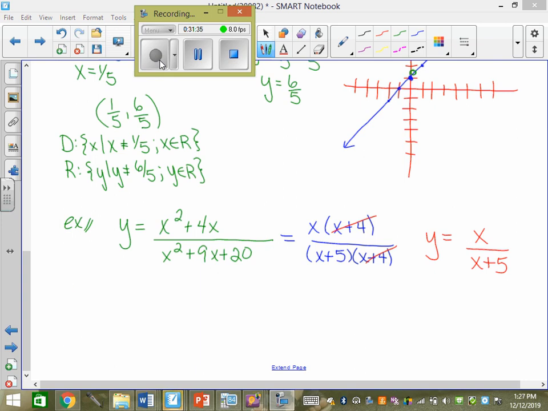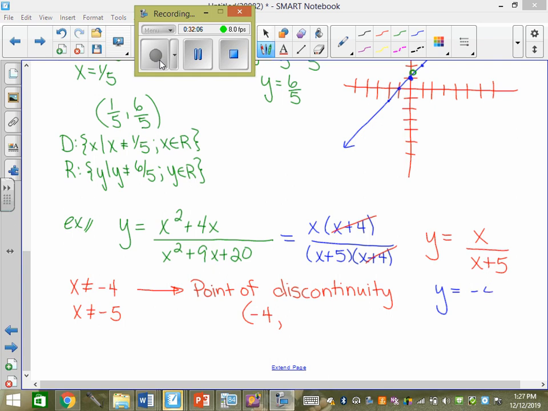So I know that x cannot equal -4, right? I also know x cannot equal -5 because those are my non-permissible values. We agree? But we're just going to deal with the point of discontinuity right now. So the point of discontinuity is at -4, comma, I don't know, let's see.